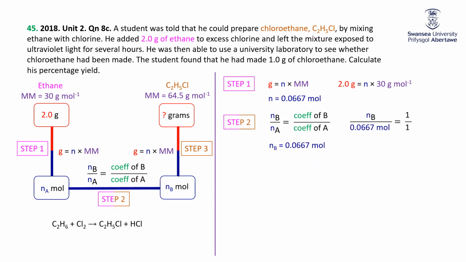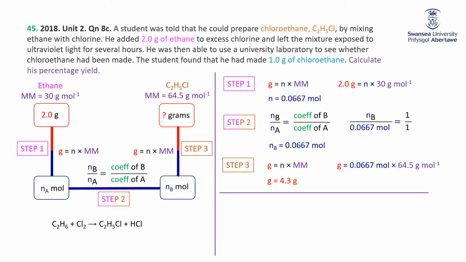It's a 1-to-1 reaction, so therefore the moles of chloroethane is 0.0667 moles. Convert that to grams, giving us 4.3 grams possible. So that's the theoretical yield. This was the actual yield. Percent yield is actual over theoretical, the 1 over 4.3, or 23.3%.